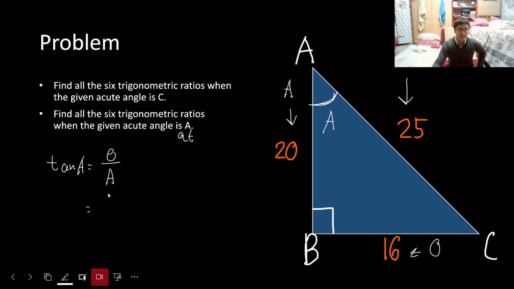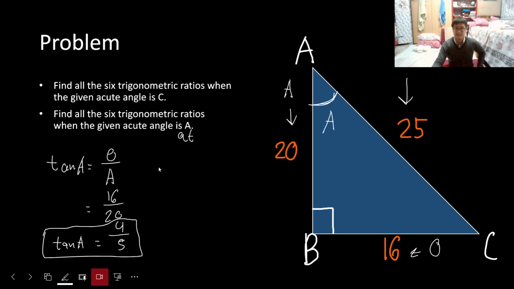So your opposite here is 16, all over adjacent, which is 20. 16 and 20 are both divisible by 4. So 16 divided by 4 is 4, and 20 divided by 4 is 5. Hence, this is tangent A. That's it.